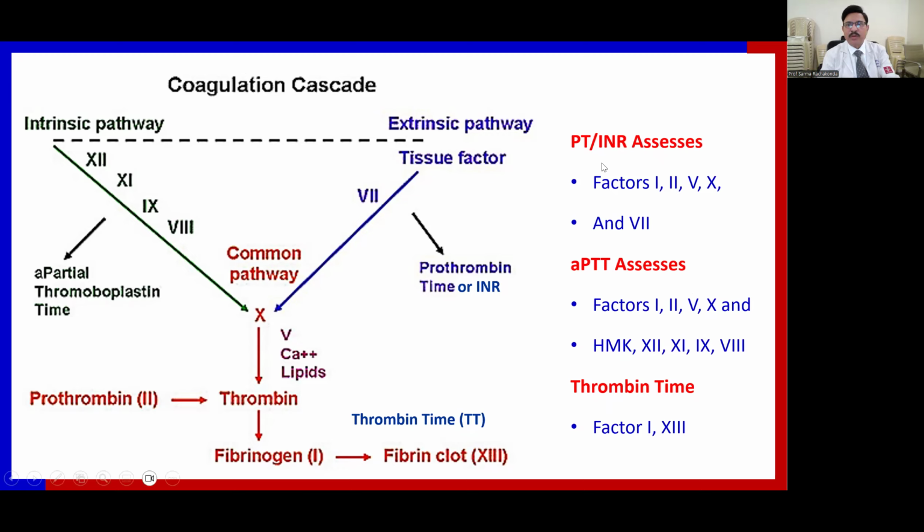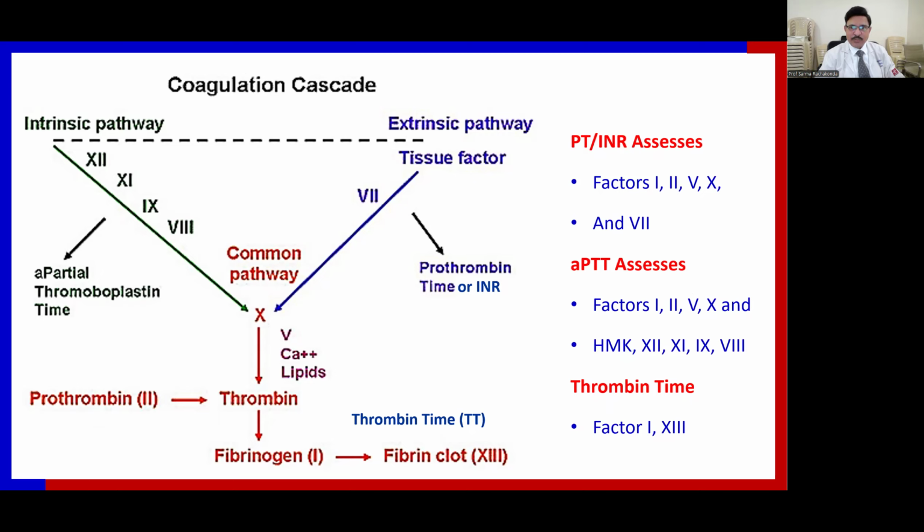Okay. Now, when you order a test, should you order a thrombin time or prothrombin time or APTT, you have to see. PT INR, what are the factors it assesses? It assesses 1, 2, 5, 10, and of course 7. Because the common pathway plus the left side path. Whereas APTT assesses what?